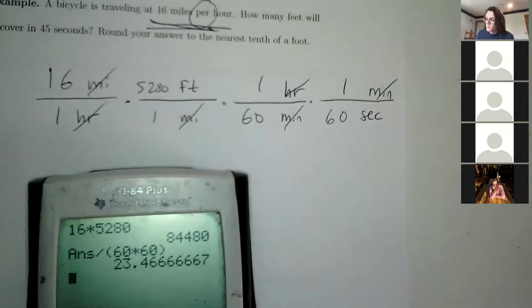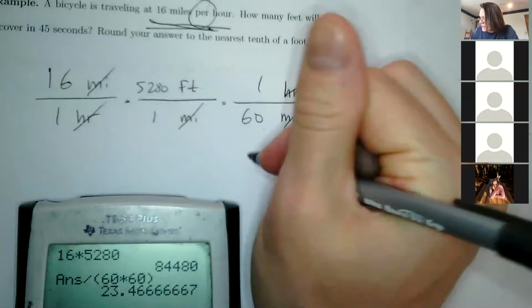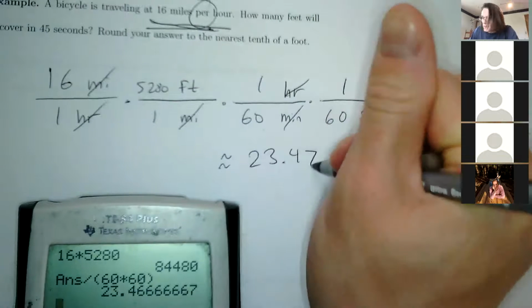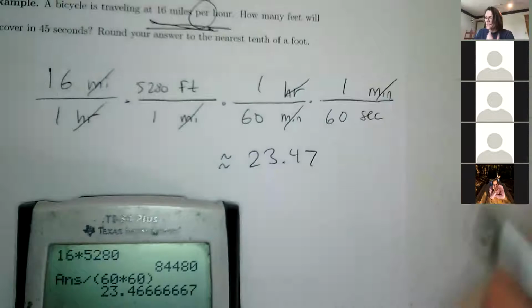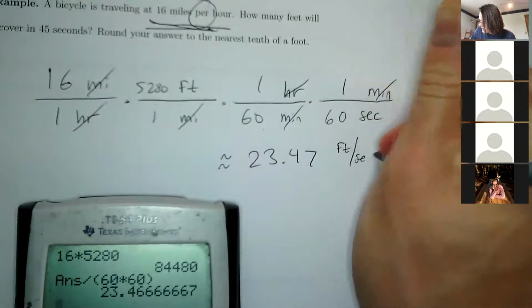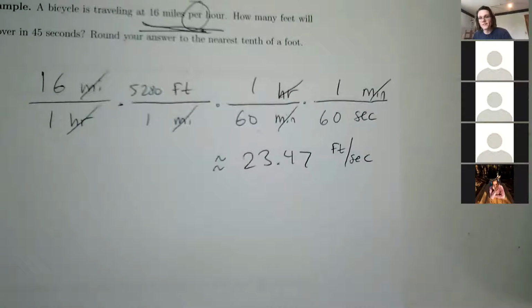Anyway, you get about 23 and a half. So maybe I'll round better today. 23.47, right? And as I said, it's feet per second. All right, so that's his speed in feet per second.